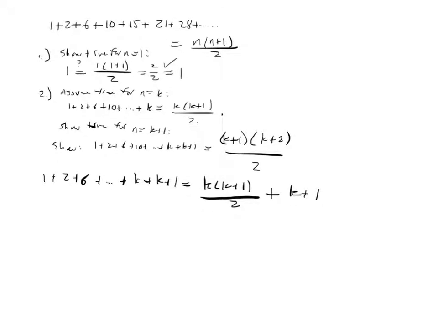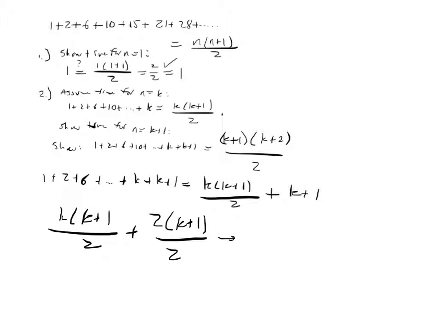Well, let's find out. And here's where my algebra skills come into play. Find the common denominator. I get k times k plus 1 over 2 plus a common denominator of 2. That's going to be 2 times k plus 1 all over 2. Find that common denominator and simplify. I get k squared plus 3k plus, let's see, 2 all over 2.